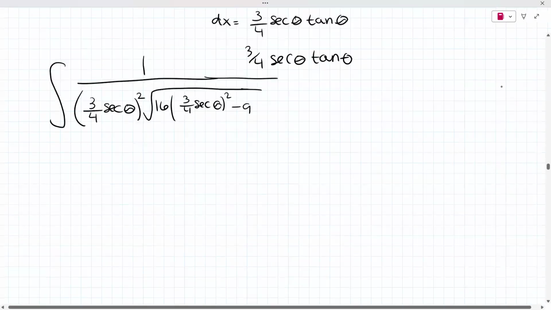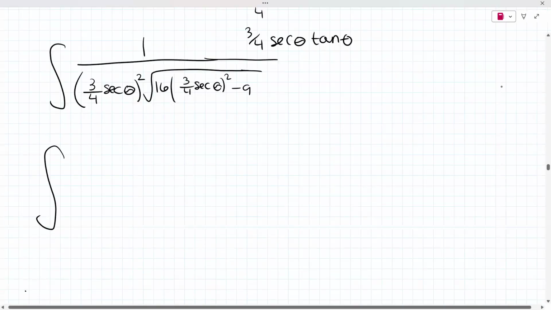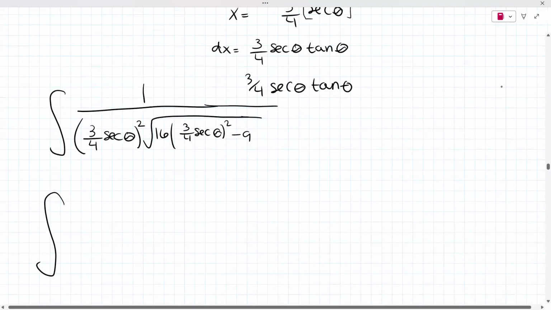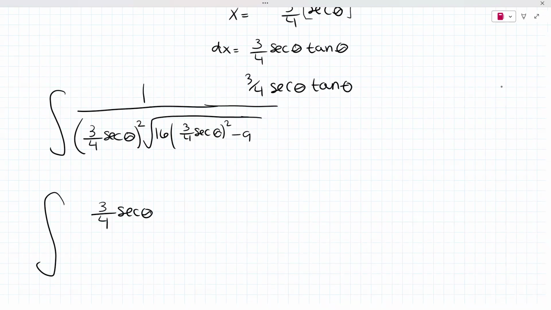Okay, so if you clean this up, you could put this right here on the numerator if you like. And then clean this up. What is 3/4 secant theta squared?